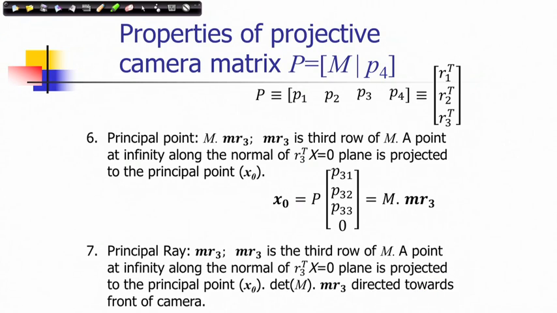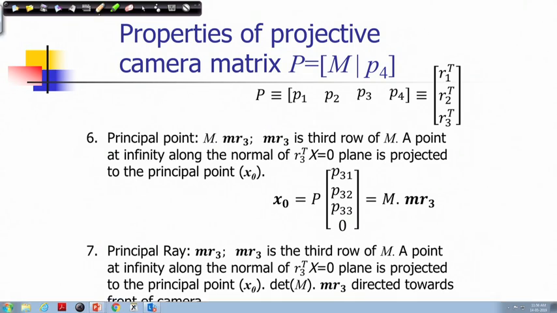Similarly, the principal ray is nothing but the direction given by MR3, that is the direction vector. So, it should be proportional to P31, P32, P33.